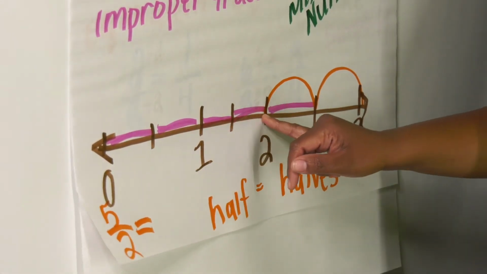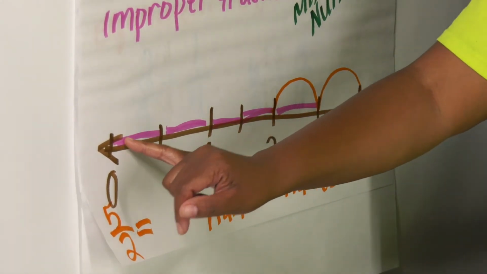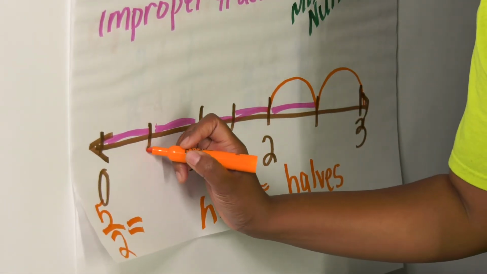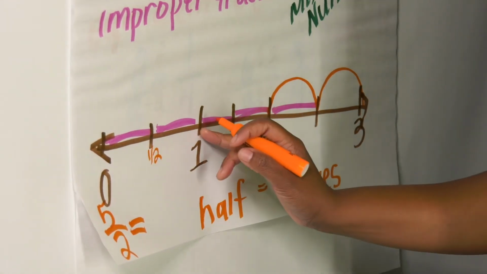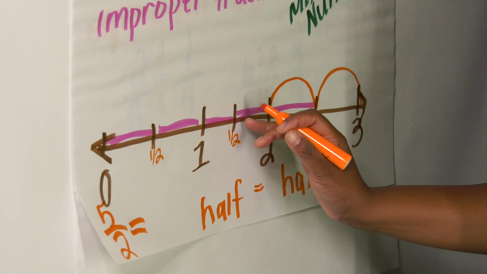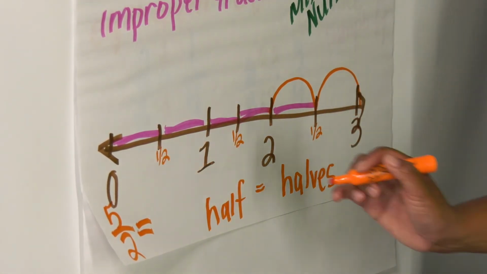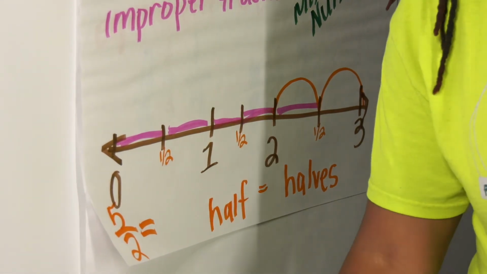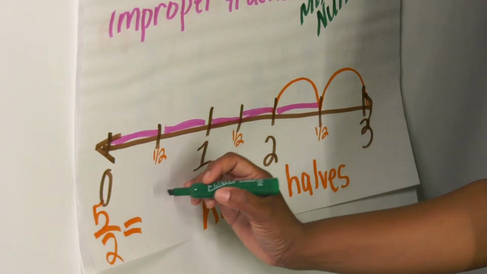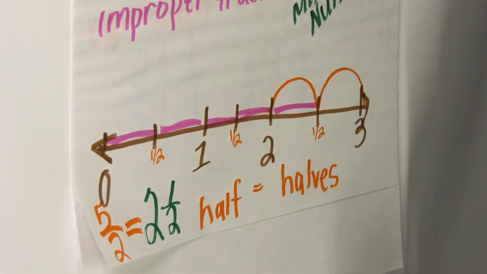This is a half here. This is 1 whole, 1 and a half. This is 2 wholes, 2 and a half. So 5 halves written as a mixed number would be 2 and 1/2.